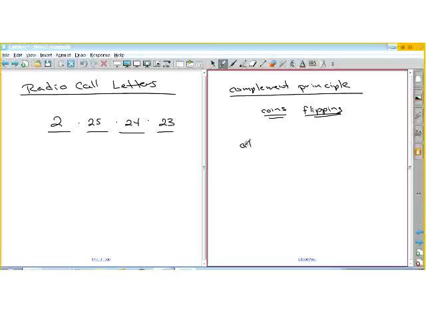So it was the use of the word at least. So at least one head. And what we did is we found the opposite of that. At least one head, the opposite is no heads.